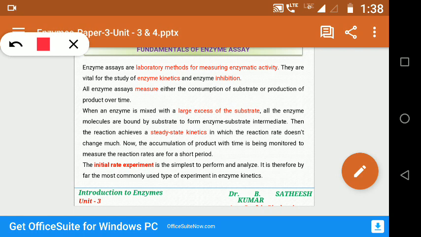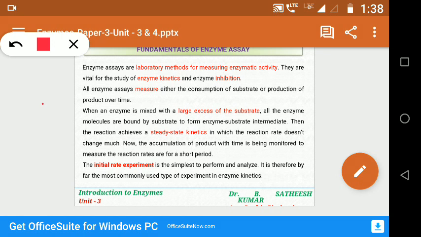Like the liver function test, we can easily assess it by assaying the liver enzymes, and in the same way the kidney function test and the gastric function test. All these functional tests performed in a diagnostic lab assess the activity of some specific enzymes.